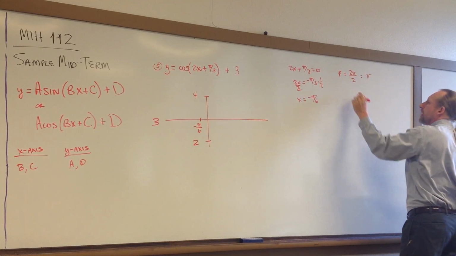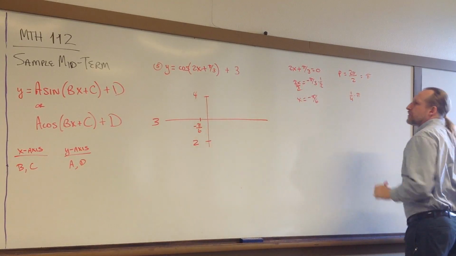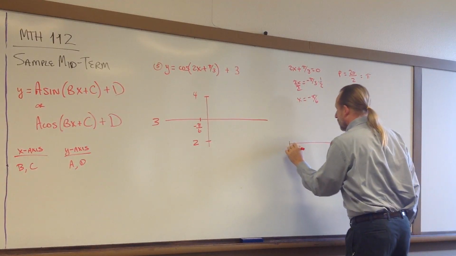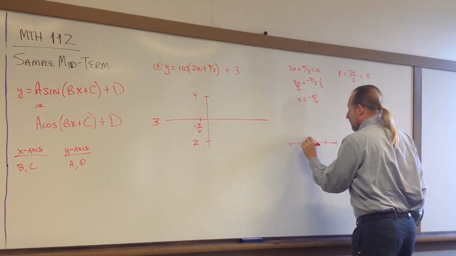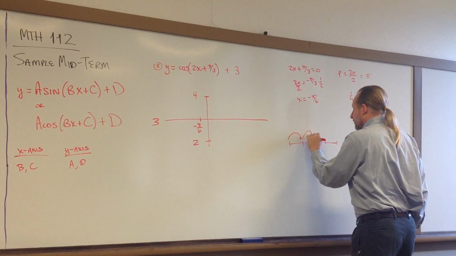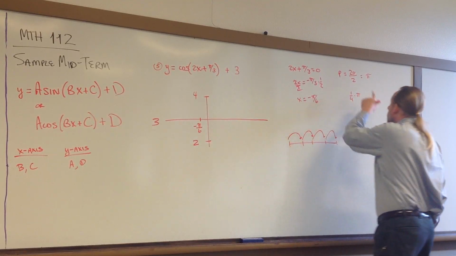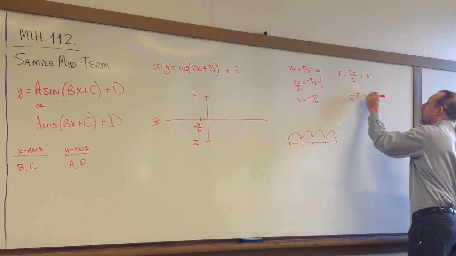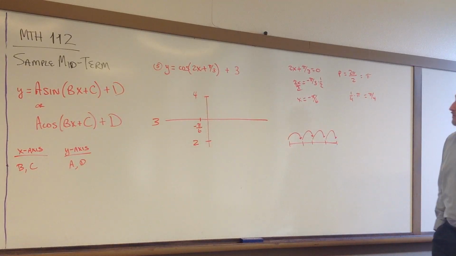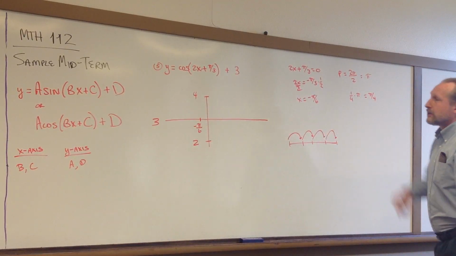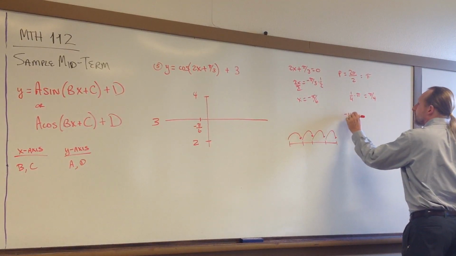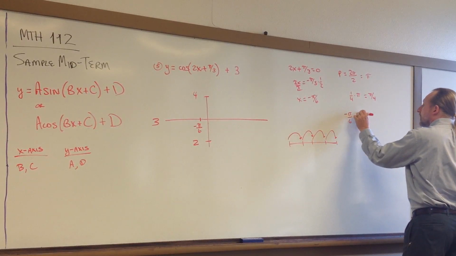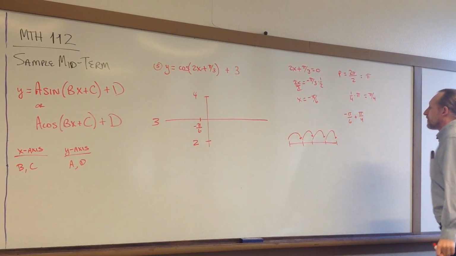So the period is pi. So each of these jumps right here is going to be 1/4 of the period, or pi over 4. Okay. All right. So we're starting at negative pi over 6, and we want to jump pi over 4 each time.